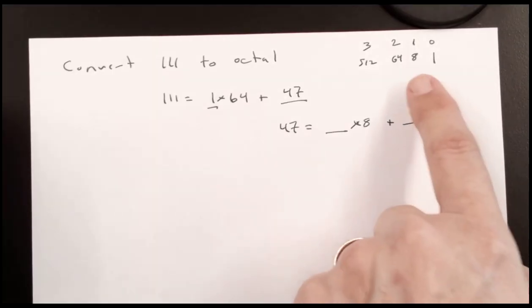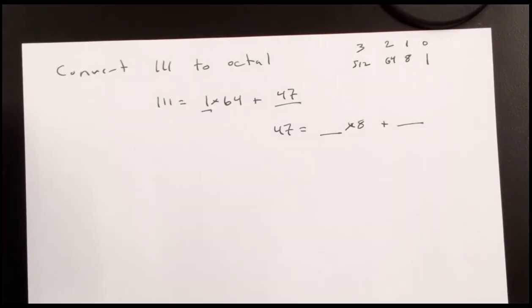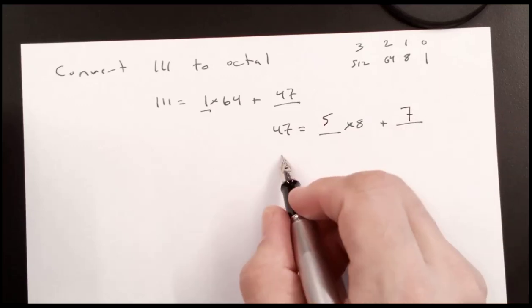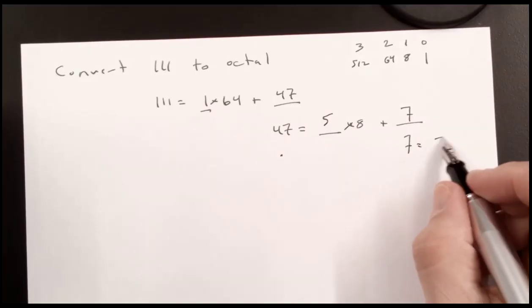Because that's the next power down. Yes? How many? 5 8s plus 7. And then 7 is just in terms of 1s.